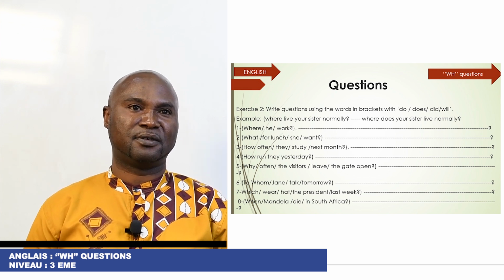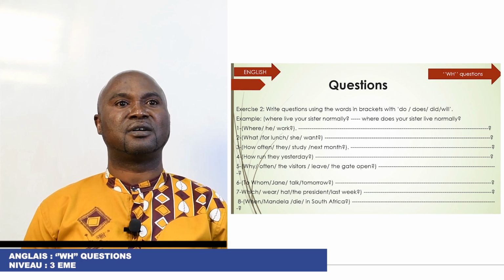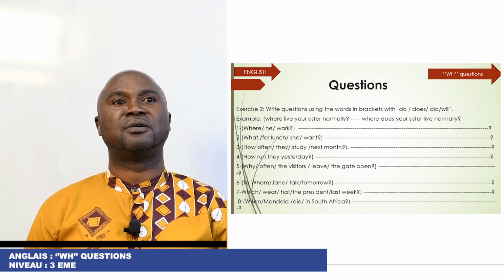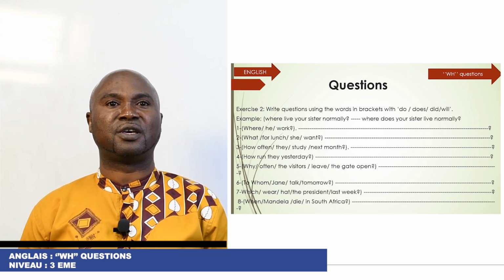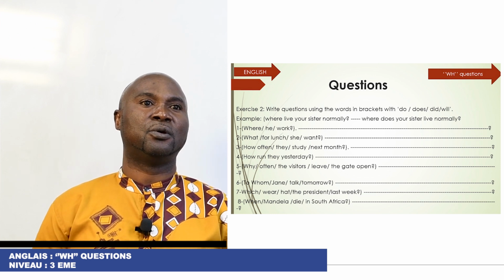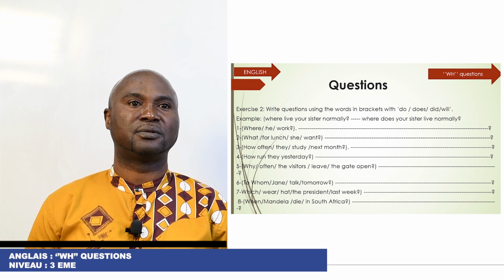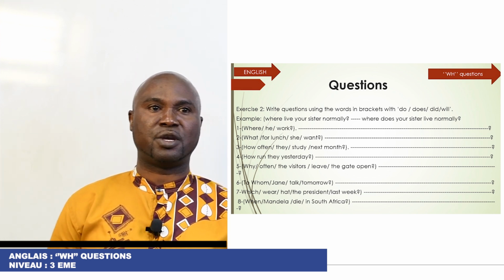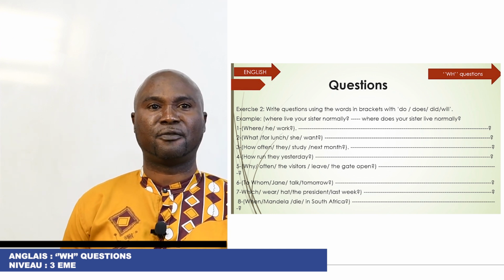How often, they, study, next month. How, run, they, yesterday. Why, often, the visitors, leave, the gate open. To whom, Jane, talk, tomorrow. Which, wear, the president, last week. When, Mandela, die, in South Africa.